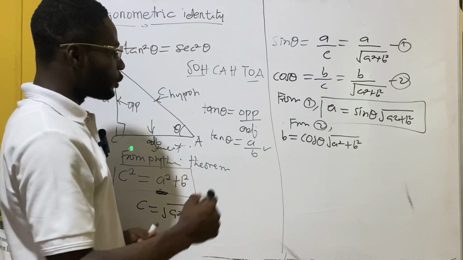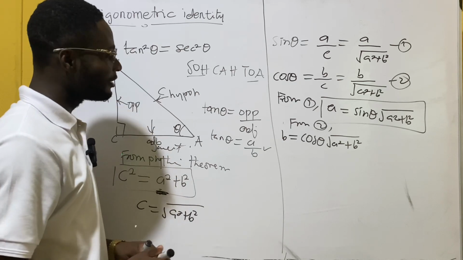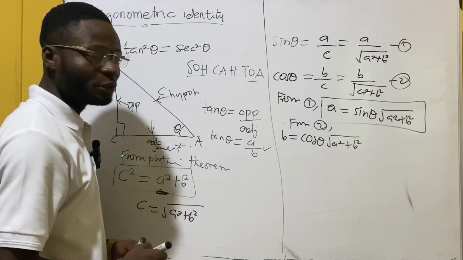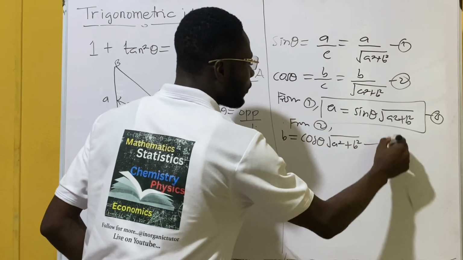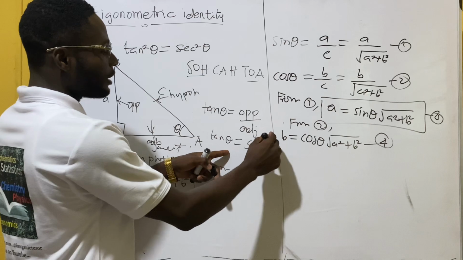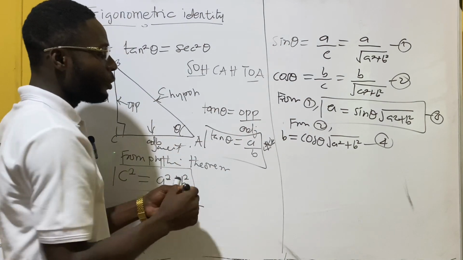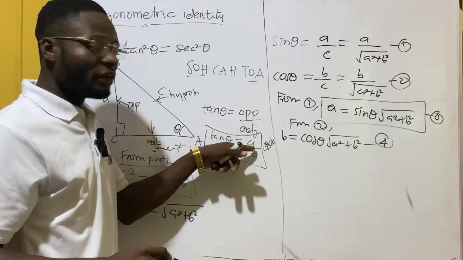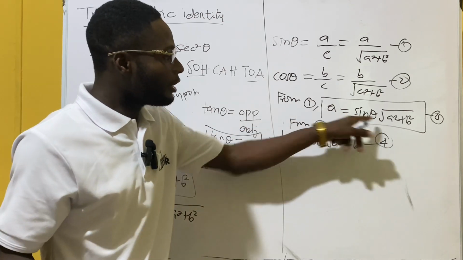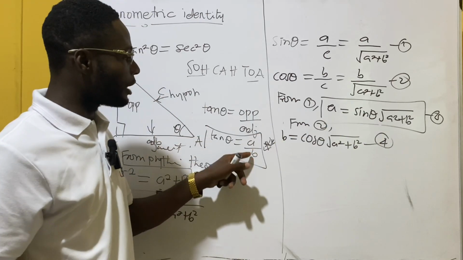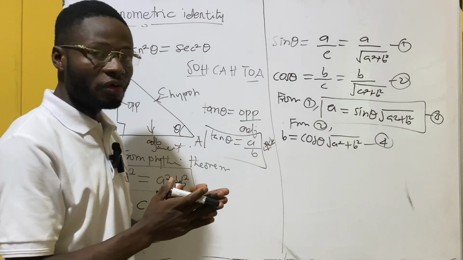So we have no choice but to do substitution here. Let's say that this is 3 and this is 4, and let's consider this as star. This star here, we have it in terms of A and B. So we substitute A from here and B from here, so that we can have an expression for tan.